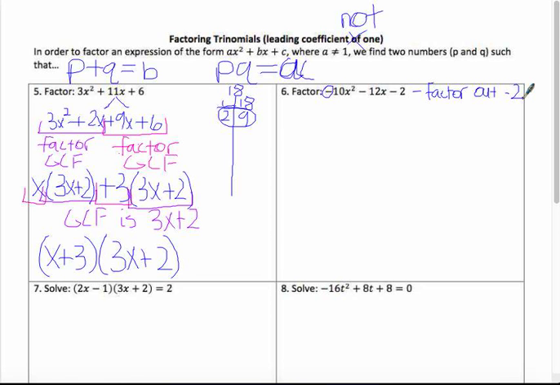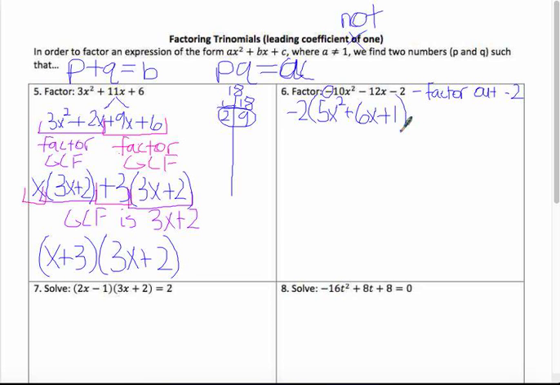So I'm going to rewrite it as -2 times, and then I get positive 5x squared minus 6x plus 6x, because I factored out -2, and plus 1.